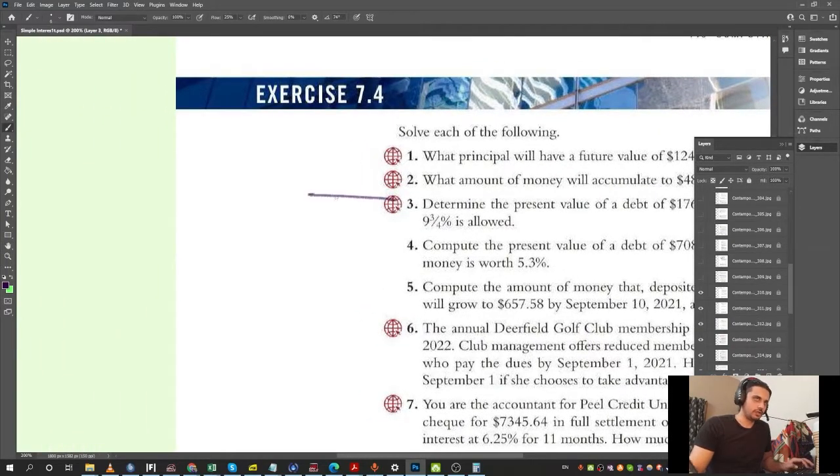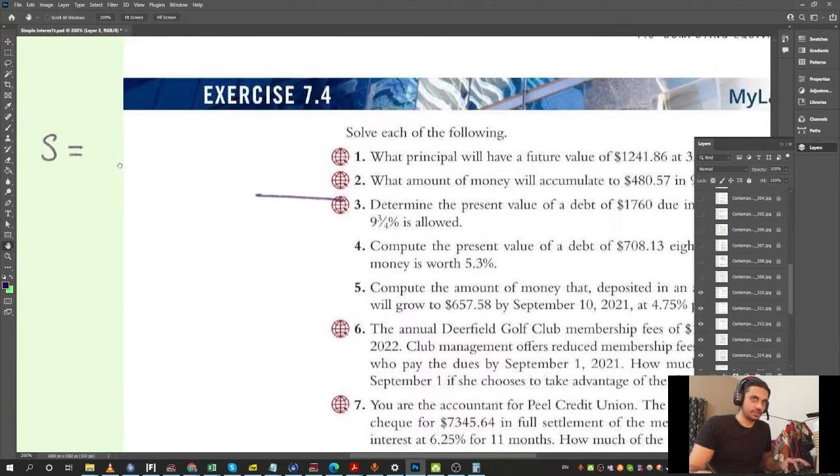Okay, so all the information here is given. So S, or future value or maturity value, is 1760.